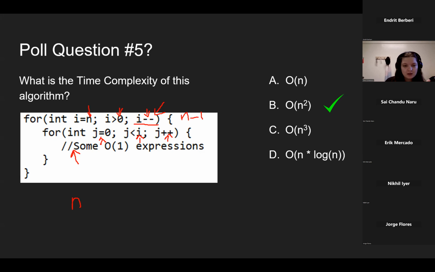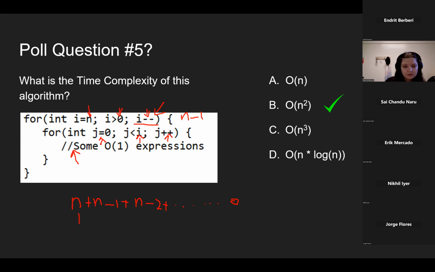And j is going to go then n minus 1, and then it's going to go n minus 2, plus etc., until we reach something like 0. Right?